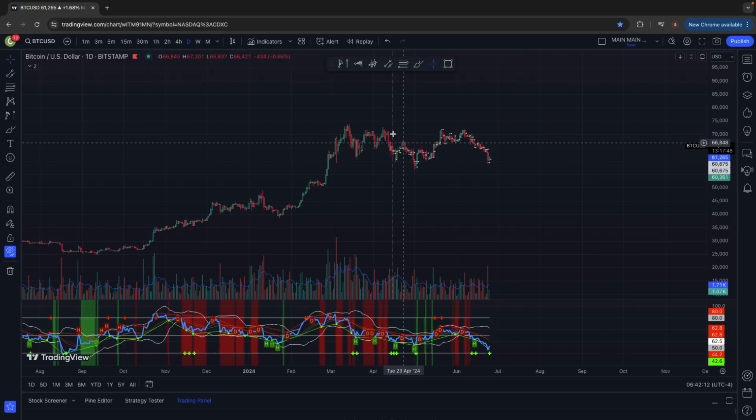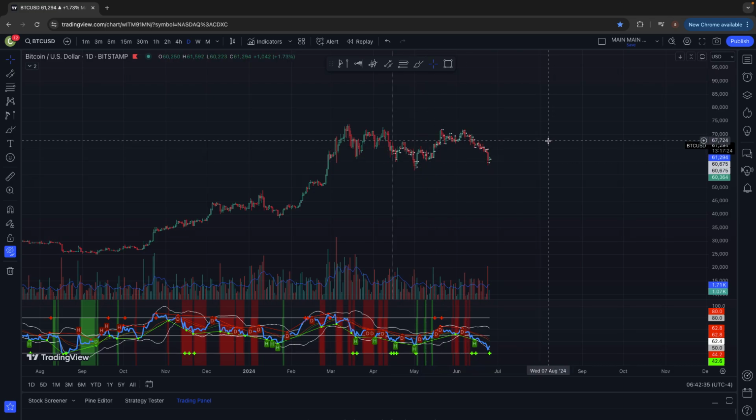After all that, the main thing is we were making lower highs and lower lows. This was the pivot right here, and now we're making higher lows and higher highs. Even though this little momentary potential break of structure has occurred, we're still making a higher low above the previous low.